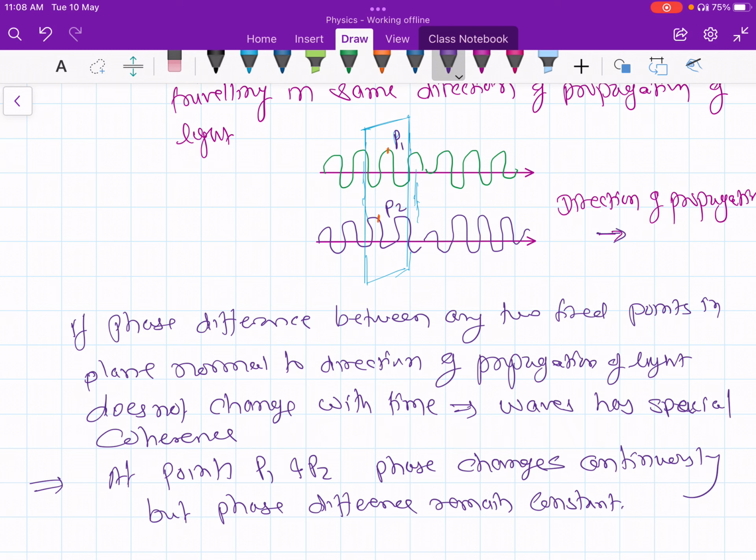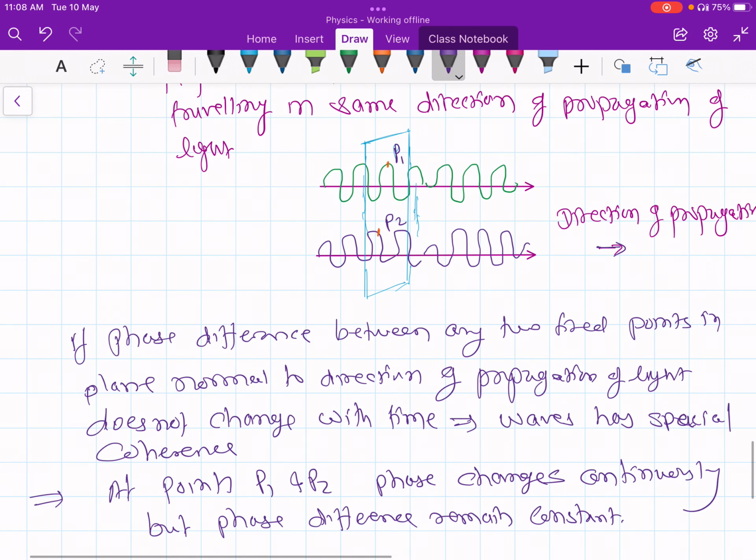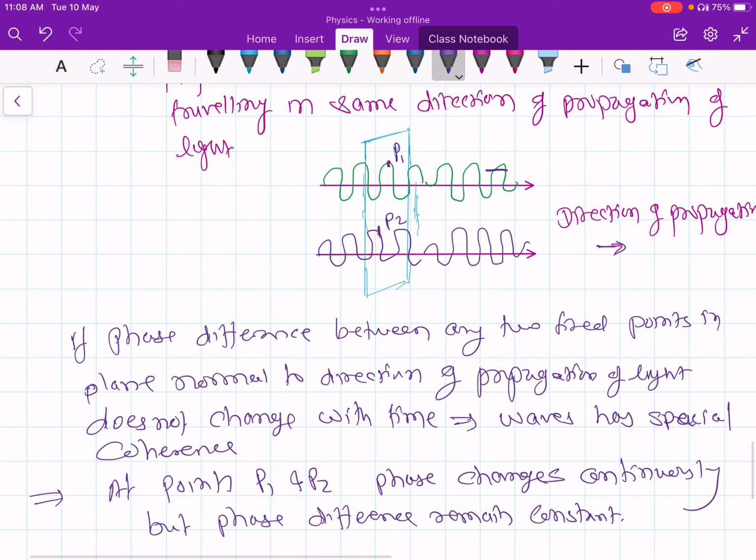As the light propagates through point P1, the phase at P1 changes continuously. Similarly, the phase at point P2 changes continuously as the wave propagates through that point. But the phase difference between points P1 and P2 remains constant. Then it is called having spatial coherence.